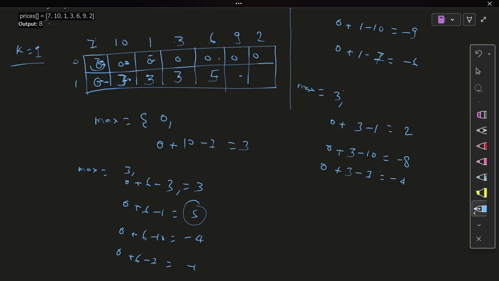Here zero transactions and 6 minus 3. So first we have to find the maximum, 5.